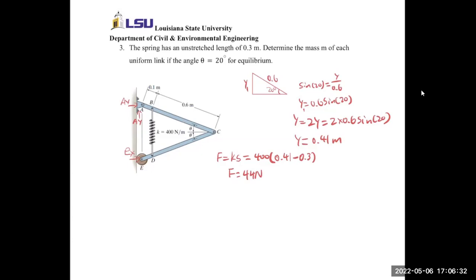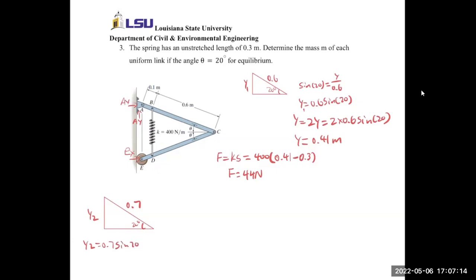All right. Next thing I have to do is determine what this length right here is. So previously we determined the Y for the spring, right? But right now we need to consider the Y between A and E. So let's draw that. Let's call this Y2. And then this distance 0.7, also 20 degrees. So do our math, we get Y2 will be equal to 0.7 sine of 20.